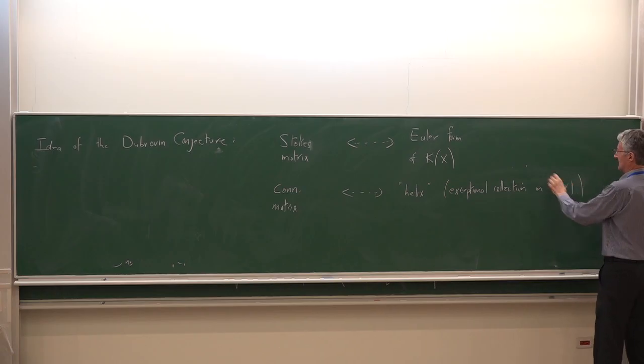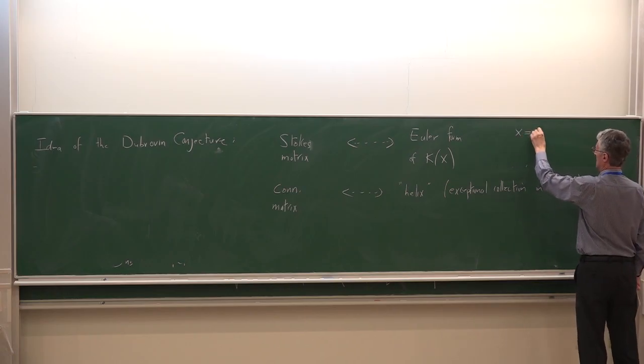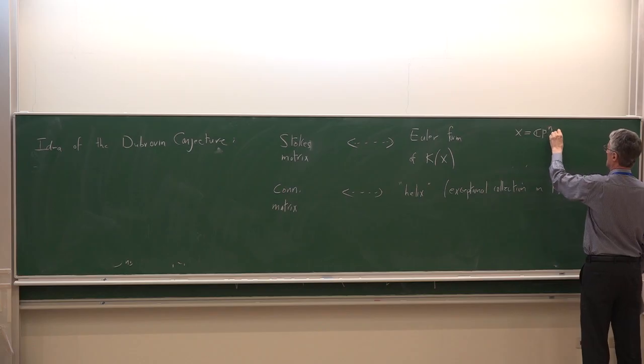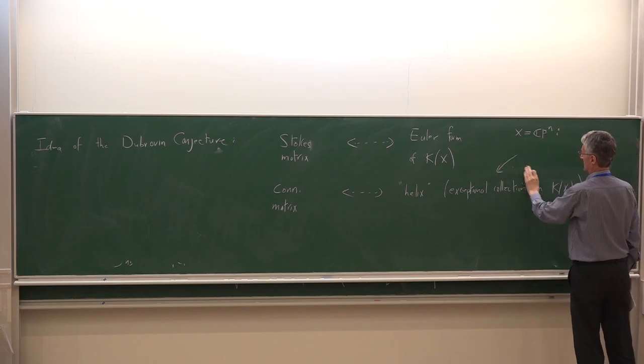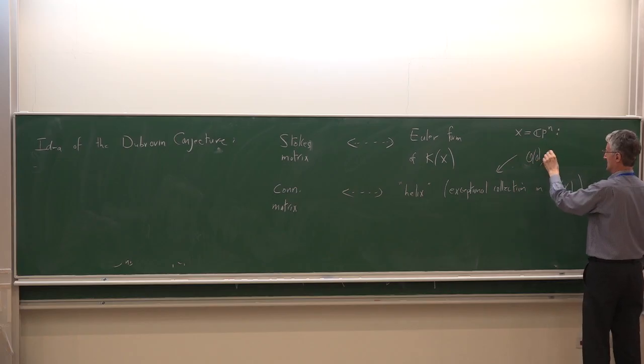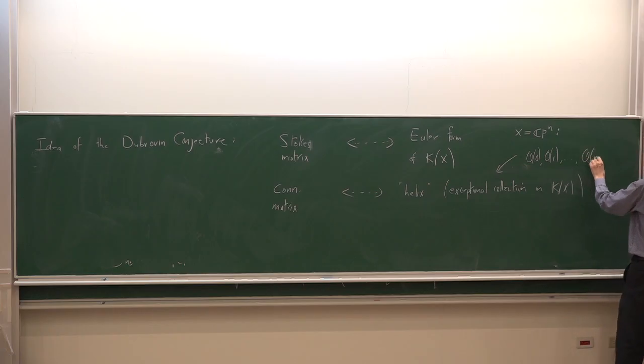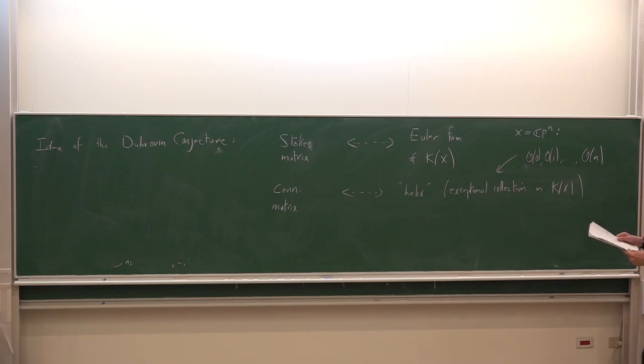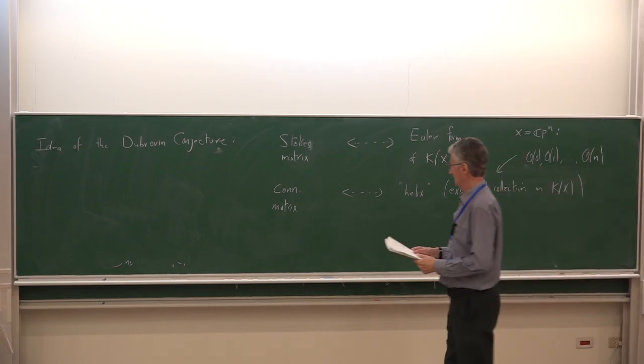So in the case of X equals CP^n, there are various choices, but one suitable choice would be just the standard line bundles. This is a sequence of line bundles.